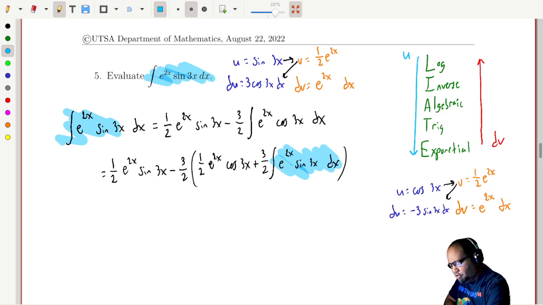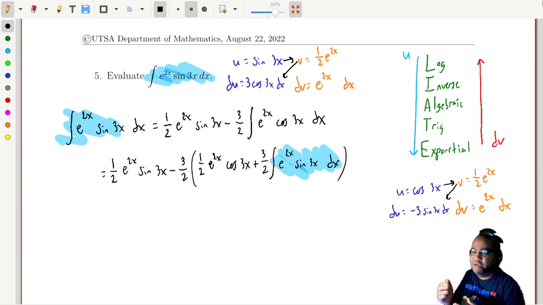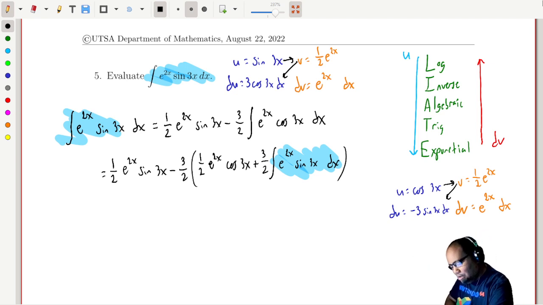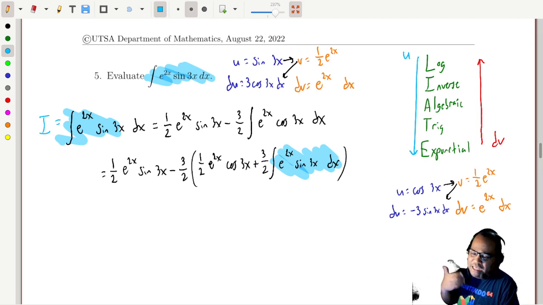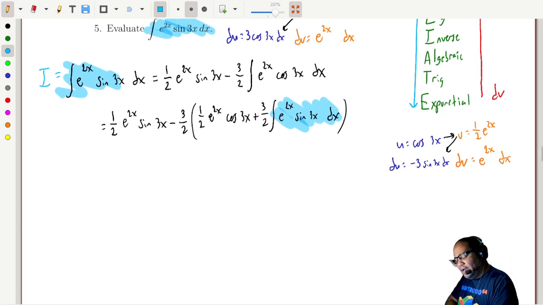So how do we handle this? We're going to go ahead and give this a name because now what we do have is one equation in the unknown integral. Call this integral I, okay? Capital I is usually what we use here. So we're going to set I equal to this thing.